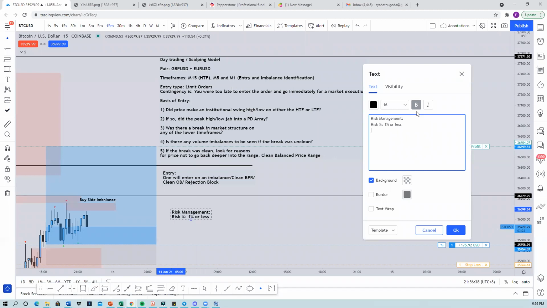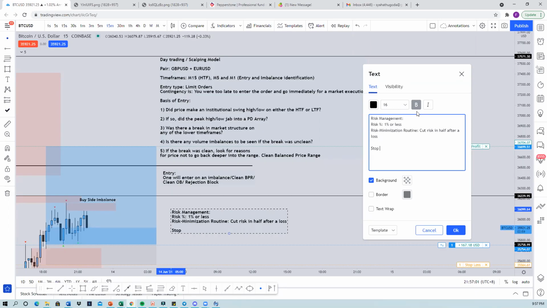And you have a risk minimization routine, which is cut risk in half after a loss, right?